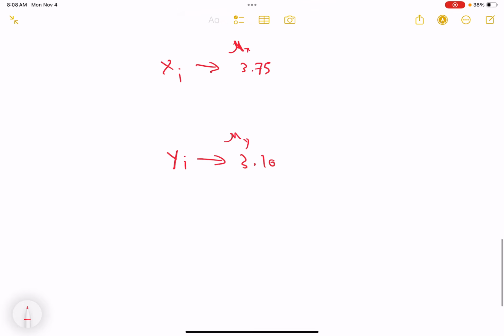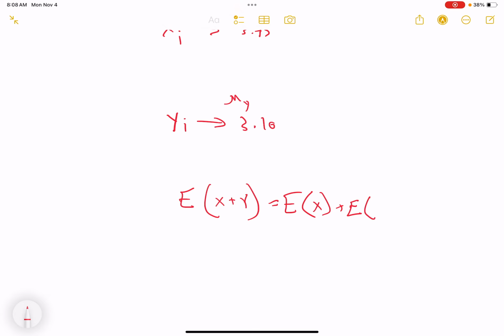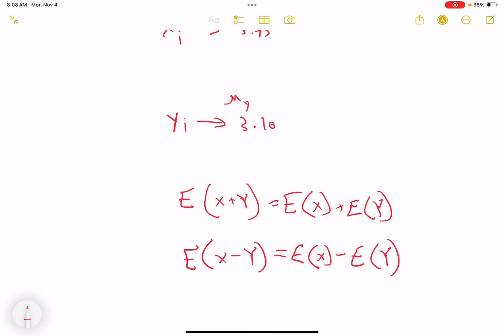Because E of X plus Y, and this is on slide 28, is equal to E of X plus E of Y. And notably, E of X minus Y equals E of X minus E of Y. And that's it. That's all you need to know.